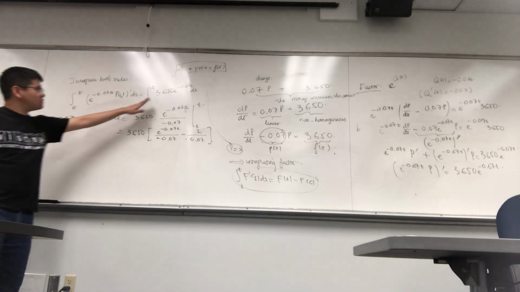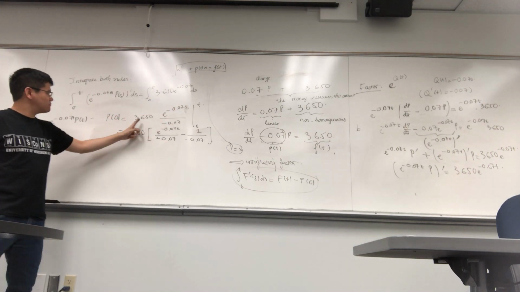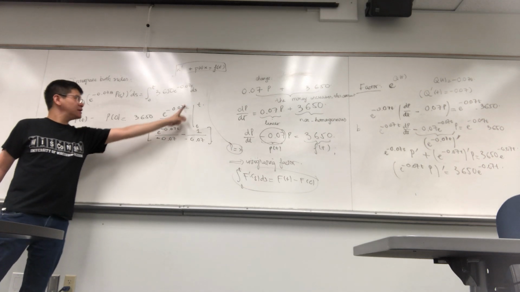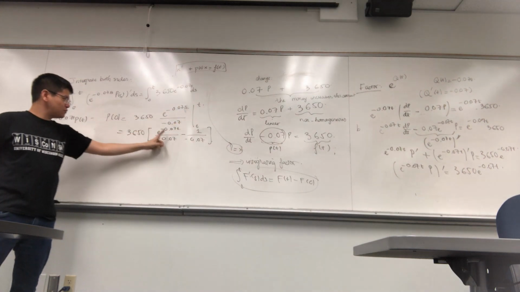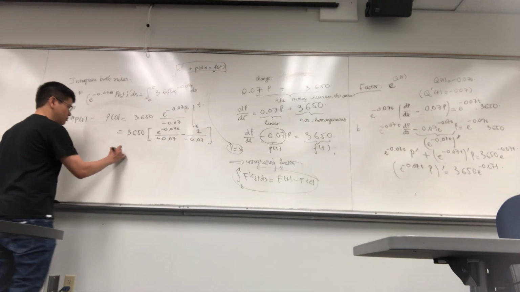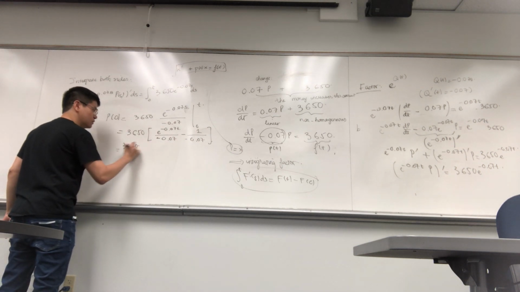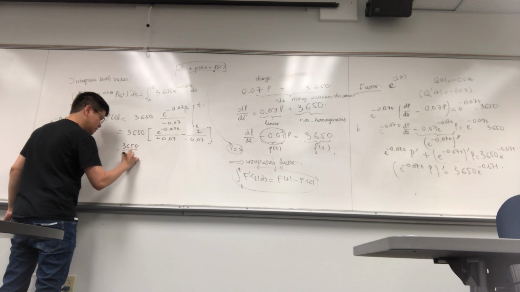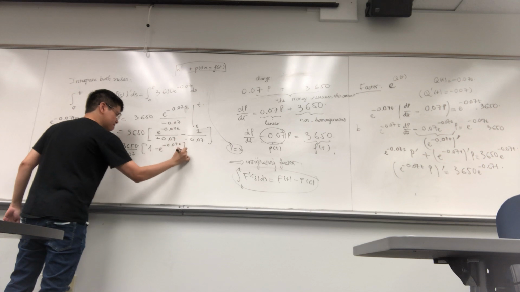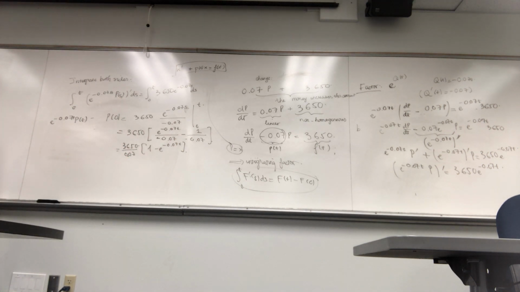Now, on the right hand side, I have to do this integration. I have 3650 exponential divided by minus 0.07. I take the difference between 0 and t. The first one will give me this guy, the second one will give me this guy. So I have 3650 over 0.07 times 1 minus e to the power of 0.07t. All right?